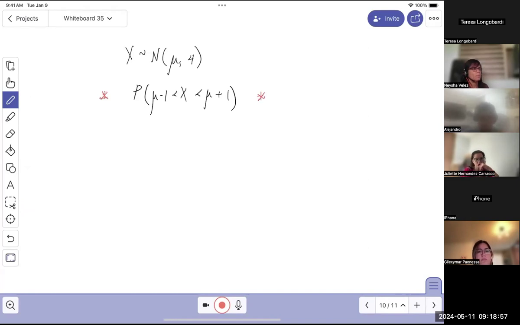There is a problem like that in the homework, but maybe you might have skipped it or figured it out a different way, or you didn't realize how to get that answer. So this is within. And because of that, the next step is to standardize. When I standardize, it doesn't matter that I know what the mean is, because I just subtract the mean and divide by 4 and turn it to a z.